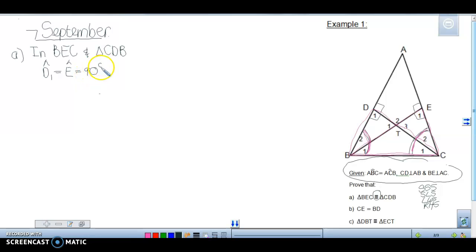And the reason I know that is because they told me so, so it is given. So there I've got that first statement. What else can I say? I have a side, BC, that is common to both. So let's say that BC equal to BC, and that is just a common side. So I write common.